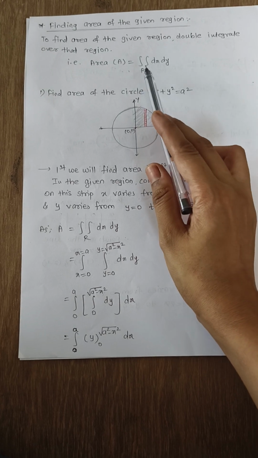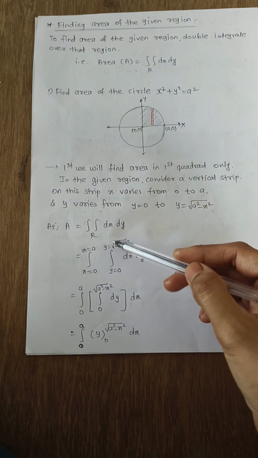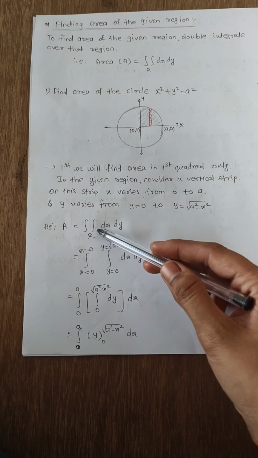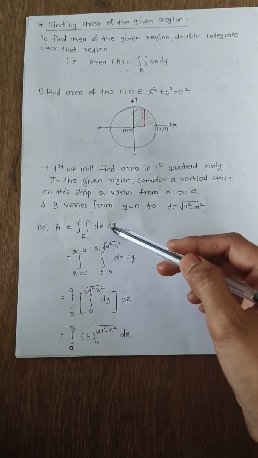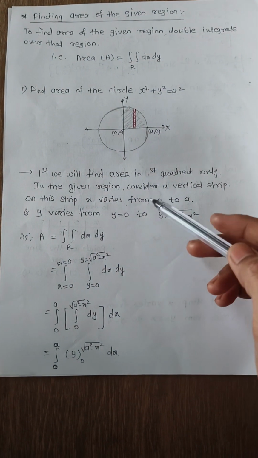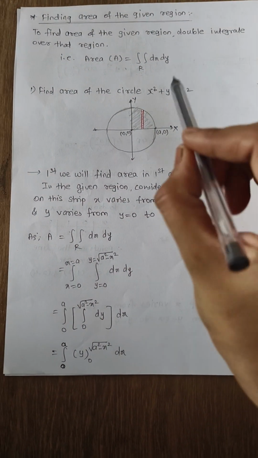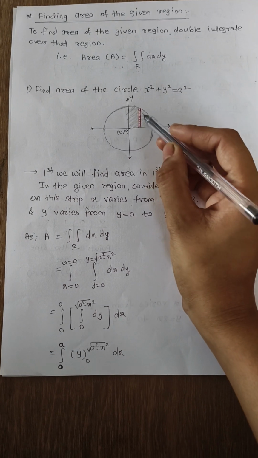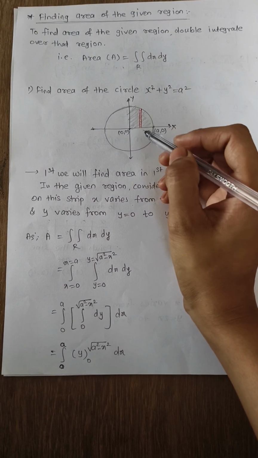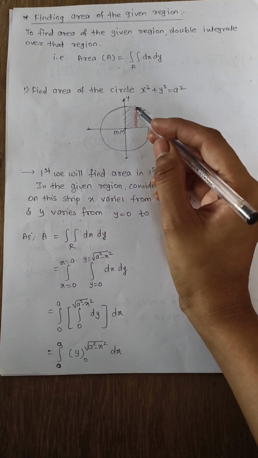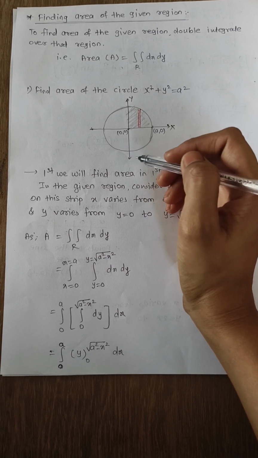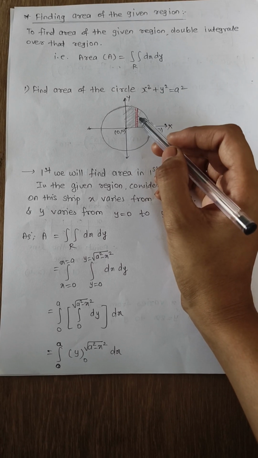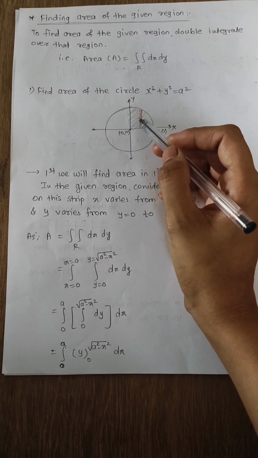Now the same formula we will apply: area is equal to the double integration over that region R of dx dy. The main important part is to find the limits. In this given region we will consider a vertical strip, that is, a strip which is parallel to the y-axis. See this strip in the given region.